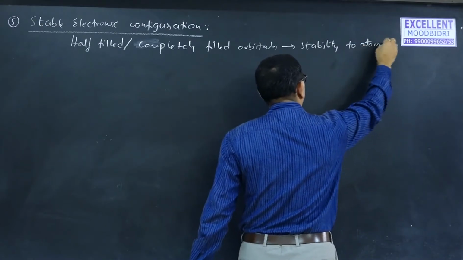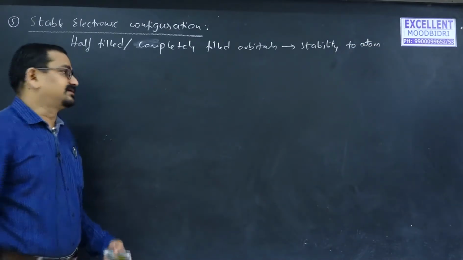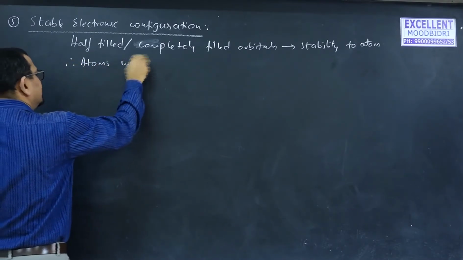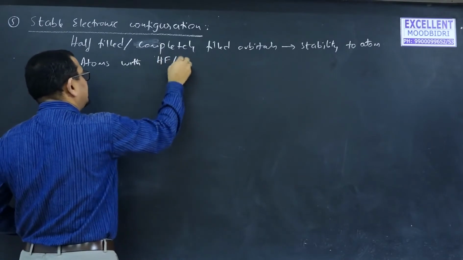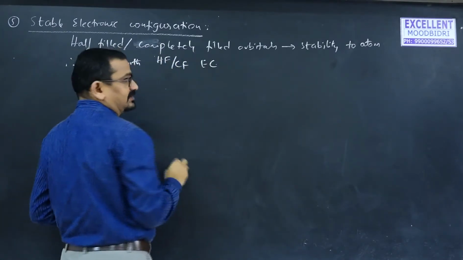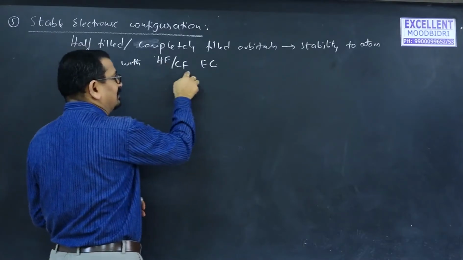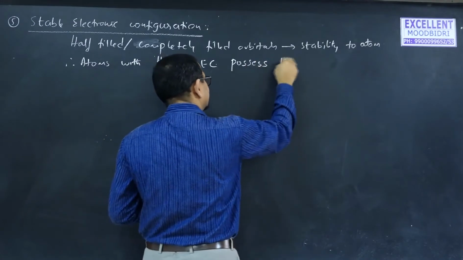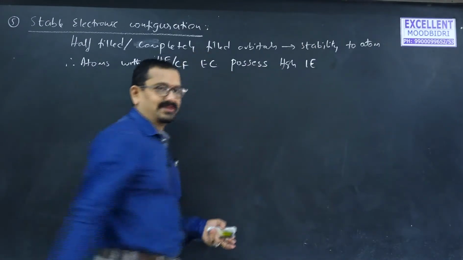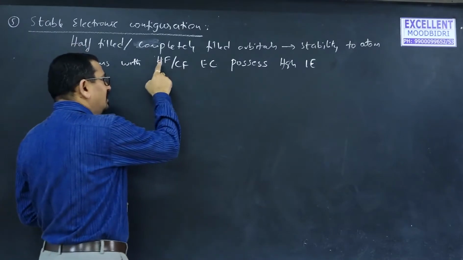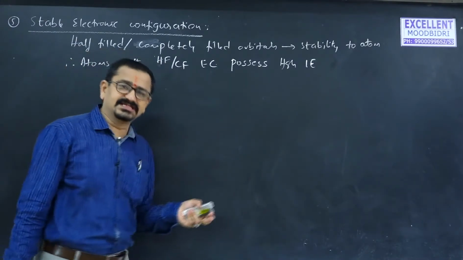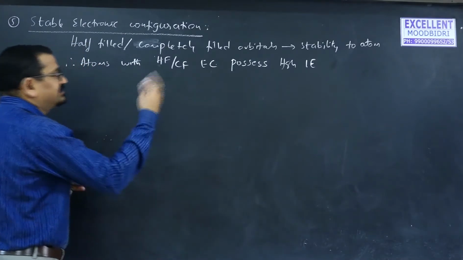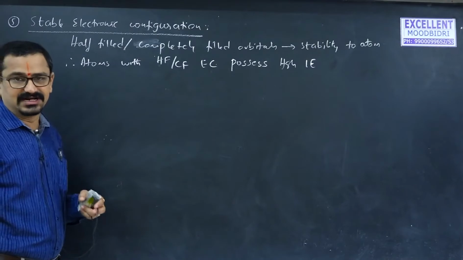Therefore, atoms with either half filled or completely filled electronic configuration possess high ionization enthalpy. Atoms having half filled or completely filled electronic configuration possess higher ionization enthalpy than other atoms which do not have such a stable electronic configuration.